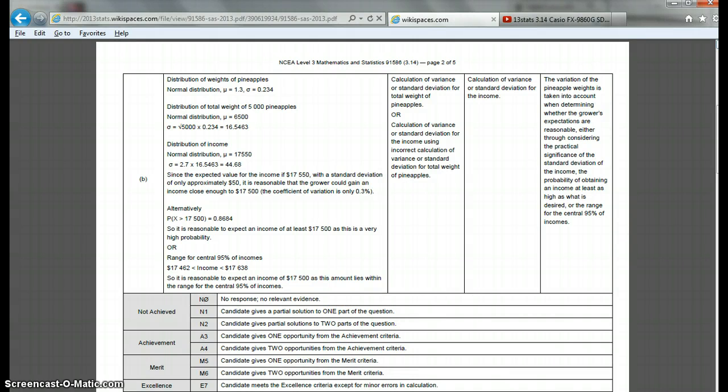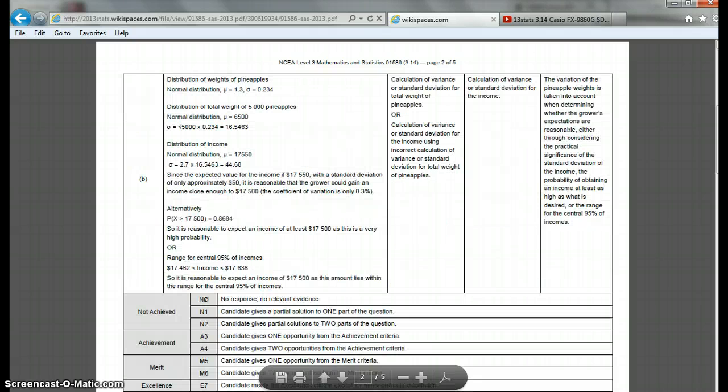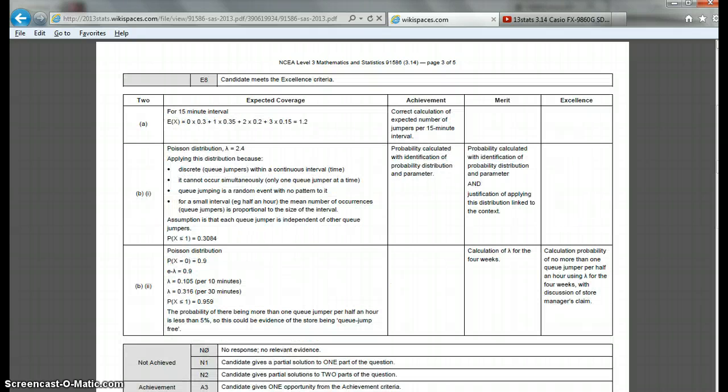This is a full solution, so candidate gives 1 opportunity. Stupid language from the achievement criteria. So here, I don't know. Don't know how they're going to mark that, but I would say that it's an achieve for that question.